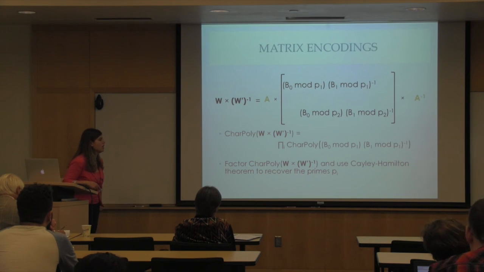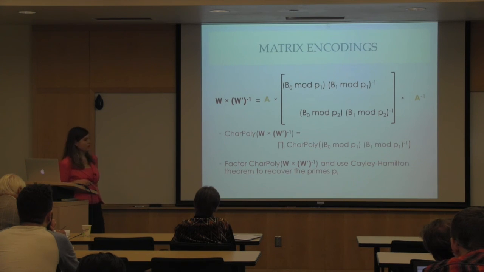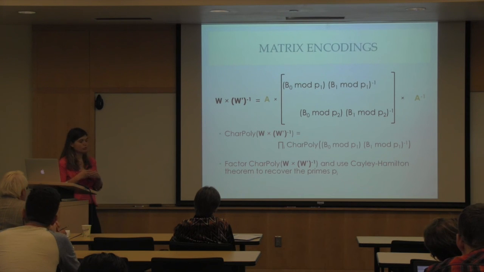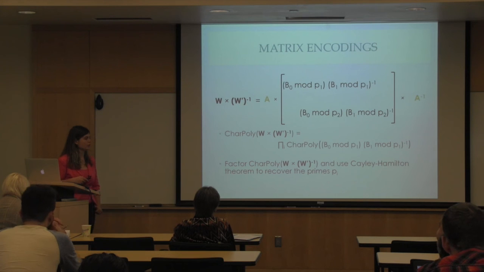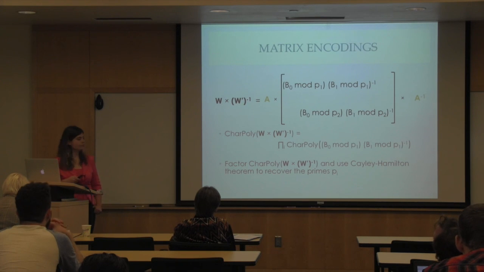And then using Cayley-Hamilton, we will continue to recover the primes p_i, where we will be relying on the fact that these factors of the characteristic polynomial, when we evaluate them on these block matrices, will give us something that's equal to 0 mod p_i, but with high probability will be something different from 0 mod x0. So now we could use again the GCD to get the factors p sub i.